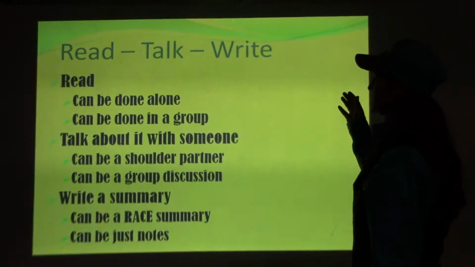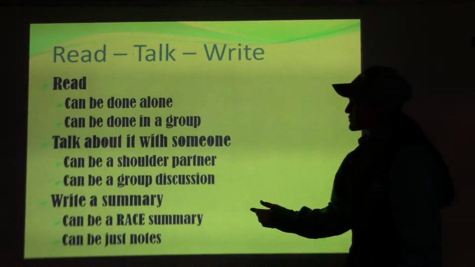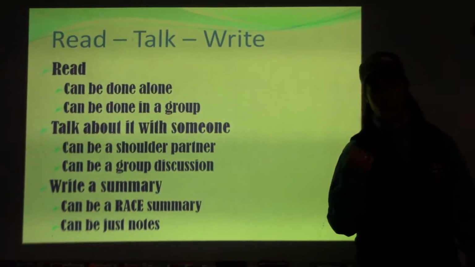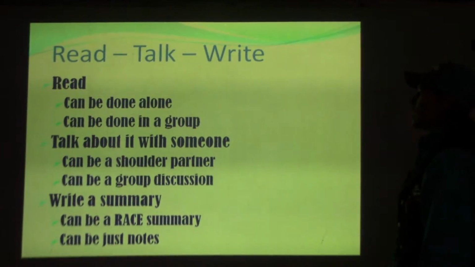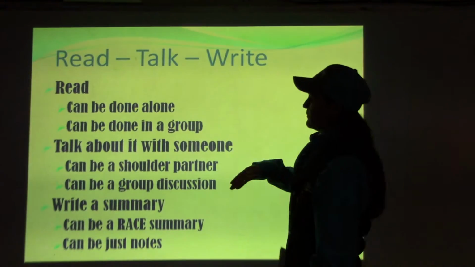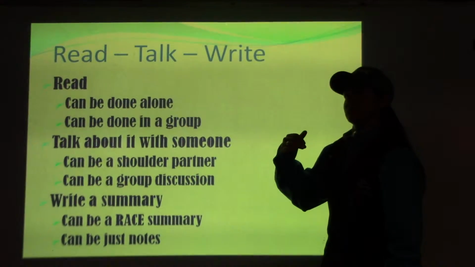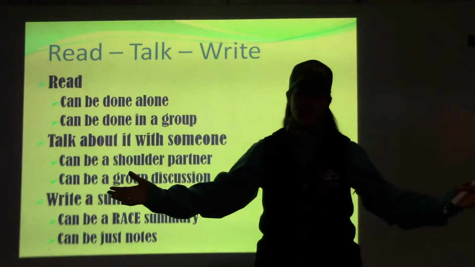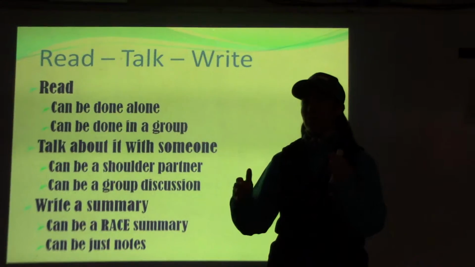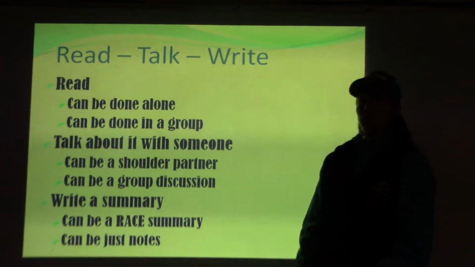There are a lot of different strategies for basically the same thing. They all have different names. Reading, they can read by themselves, alone and silently, or it can be done in a group. And then after they read, they talk about it with somebody, whether in a full class discussion, a smaller group discussion of 2 to 4 of them, or just a shoulder partner.